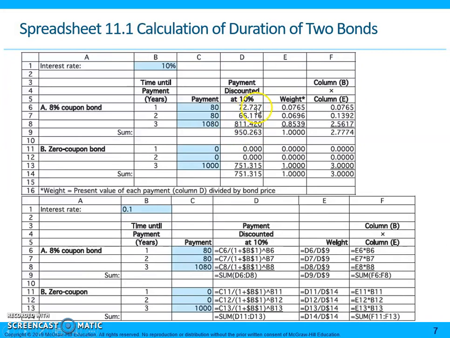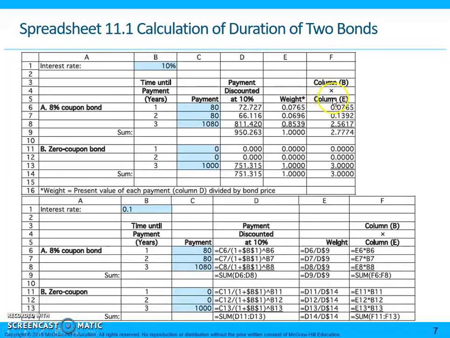So the first weight is 72.727 divided by 950.263, that's 0.0765. And then 66.116 divided by 950.263, that's 0.0696. And then 811.42 divided by 950.263, and that gives us 0.85239.